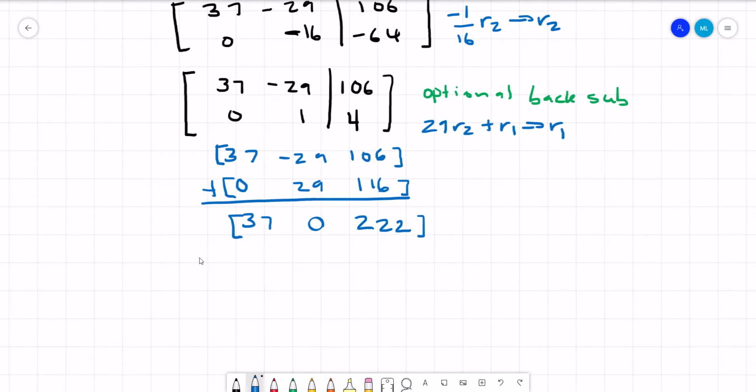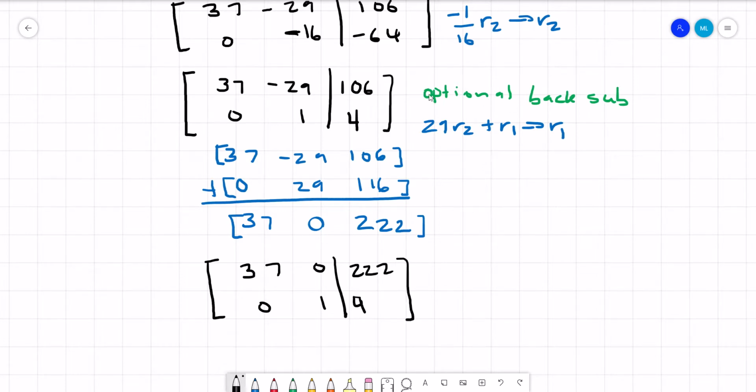So updating our system, we have that that's going to be the following. We have 37, 0, 0, 1, and then we have 4, and then we have 222.